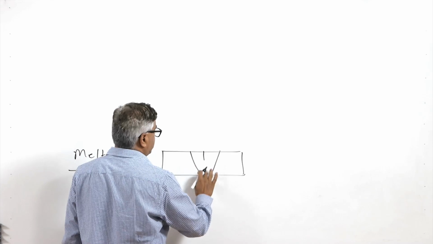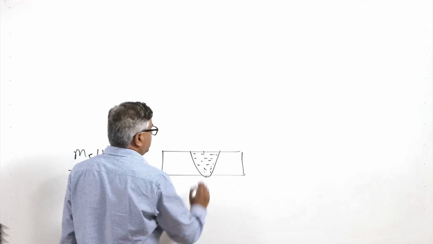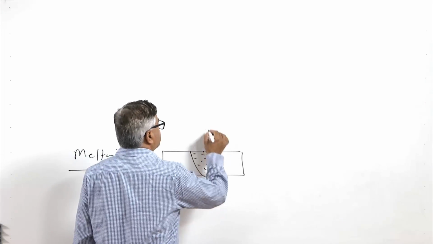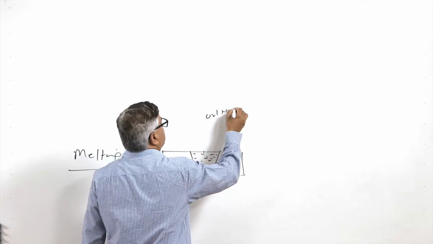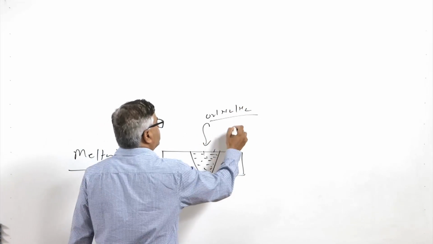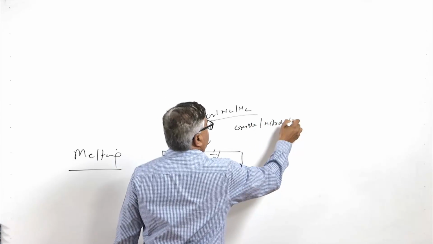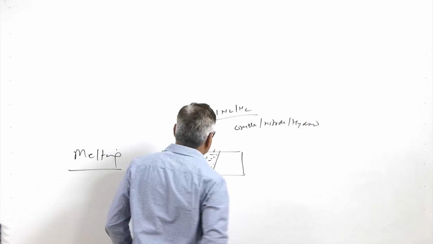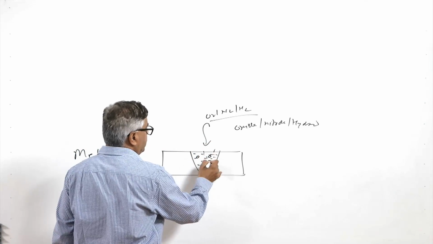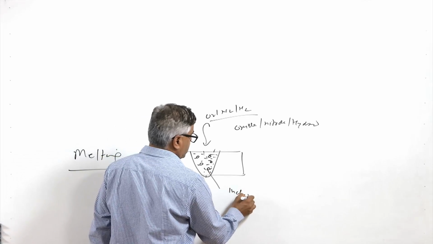So, this molten metal, when it comes in contact with the atmospheric gases like oxygen, nitrogen, hydrogen, etc., interacts and forms their oxides, nitrides and hydrides. If these have the same density as that of molten metal, then they will get uniformly distributed, and after the solidification these will be present as inclusions.